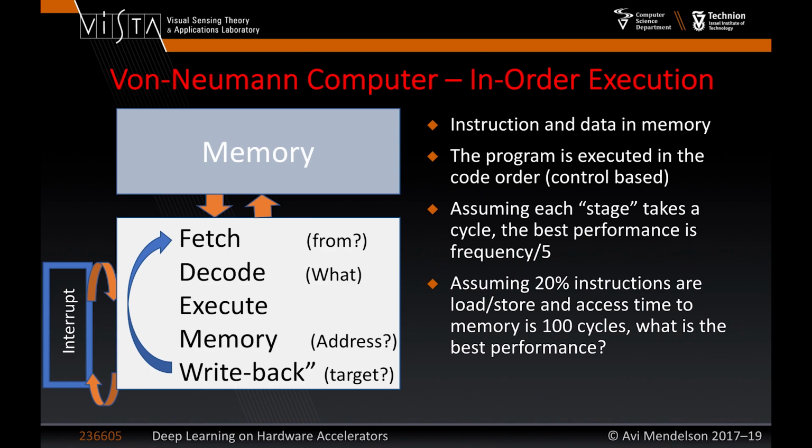What does the computer do? There's a register which is called either program counter or sometimes instruction pointer. And when the system reaches the fetch, it just goes to the address which is written in this register and fetches the instruction from that point.